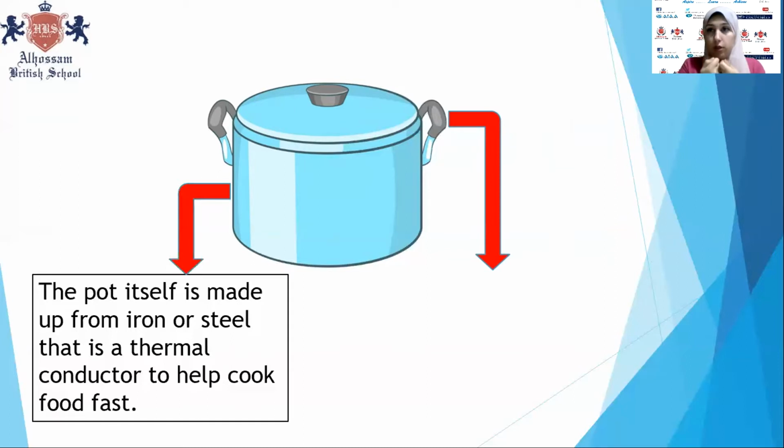Do you want it to be hot or not? Do you want it to be the same material of the pot to transfer heat? Of course not. You won't be burned. You don't want to be burned, right? So it's a material that does not allow the transfer of heat.